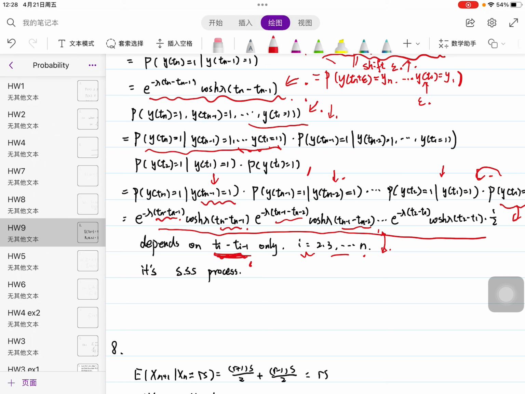So if we have a time shift for t(i) with epsilon, and minus t(i minus 1), which also has a time shift, and we subtract them, it is still equal to t(i) minus t(i minus 1). So they are the same. Then we prove that the random telegraph signal is a strict-sense stationary process.